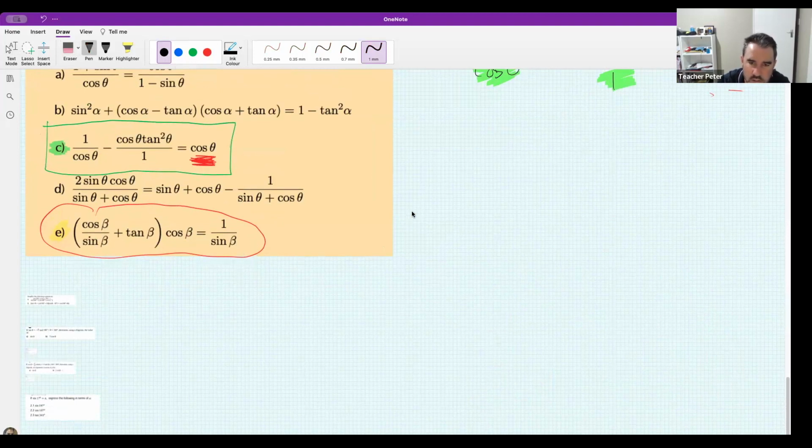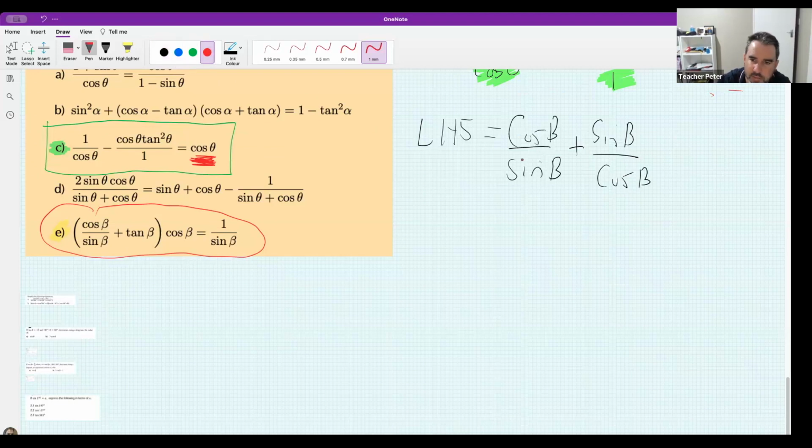Okay. I definitely think I want to start with the left-hand side. And on the left-hand side, I also think I'm going to replace the tan to start with. But I mustn't forget about the cos beta that's just chilling out here.